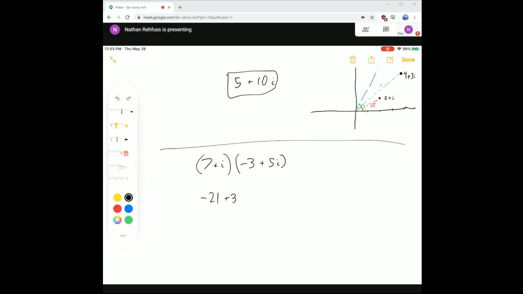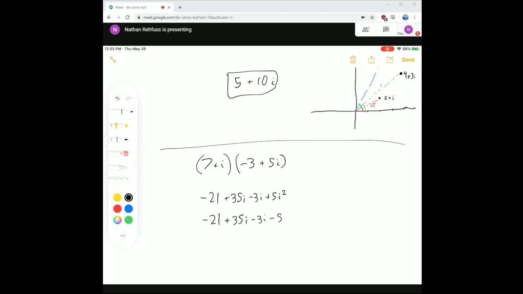Inside is i times -3. And last is i times 5i. But I don't really want 5i squared. I want to write that as 5 times -1, which is -5. So this is really -21 plus 35i minus 3i minus 5.